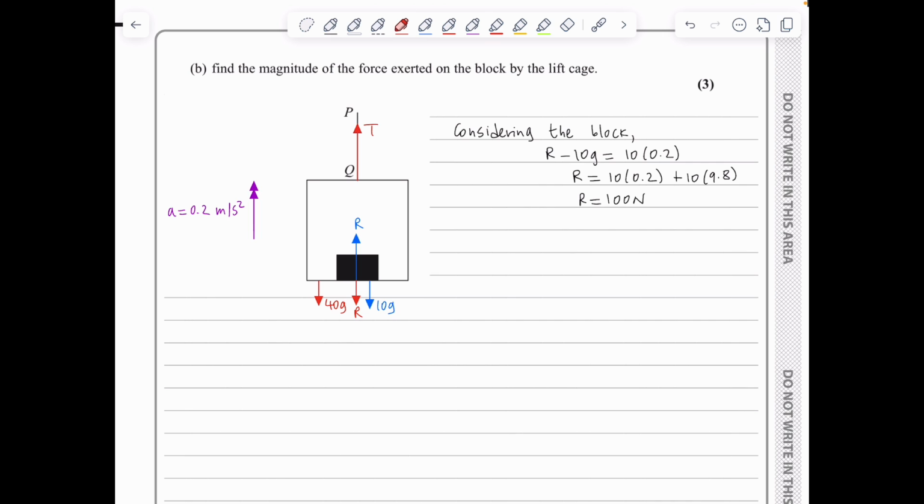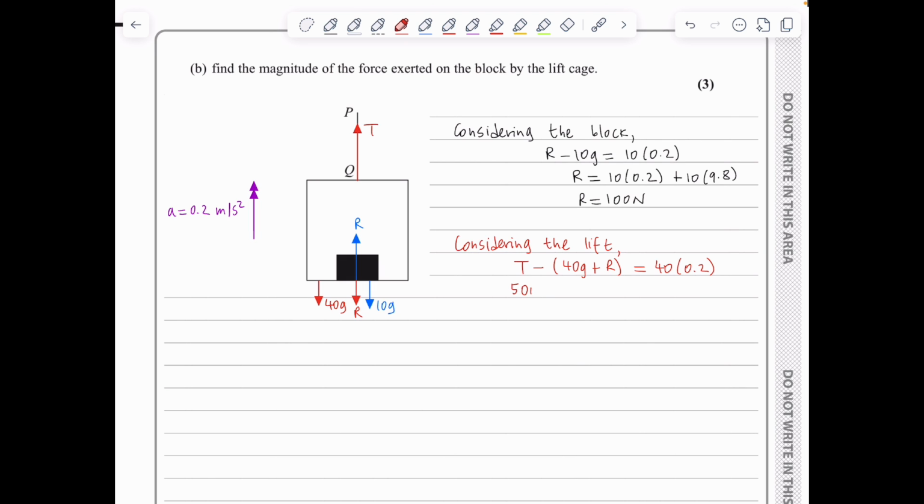Now, alternatively, we could have decided to consider the lift. So considering the lift, we've got forces acting upwards, which is the tension, minus forces acting downwards, which is the 40g plus the R, is equal to mass times acceleration. We have found from part A that the tension is 500.